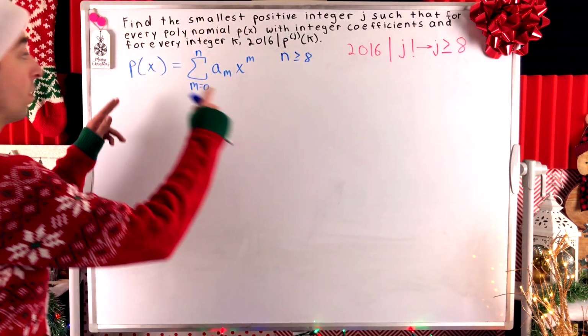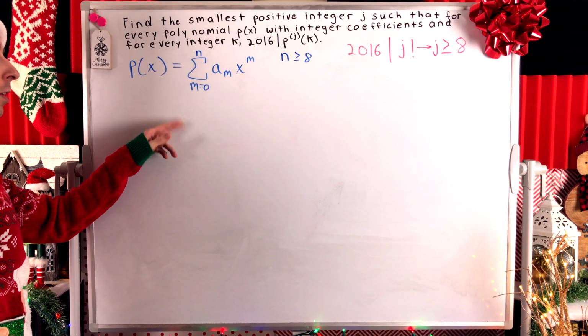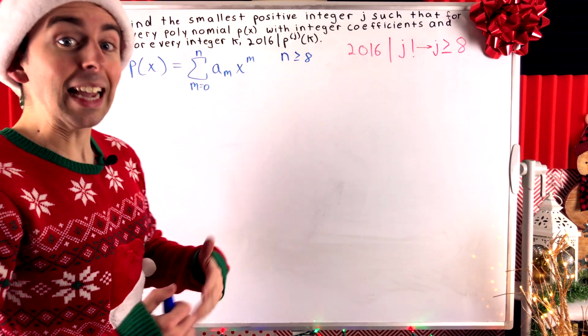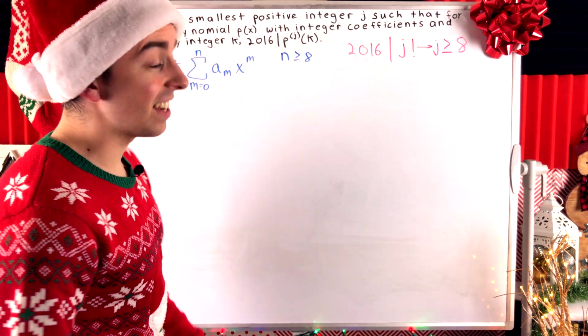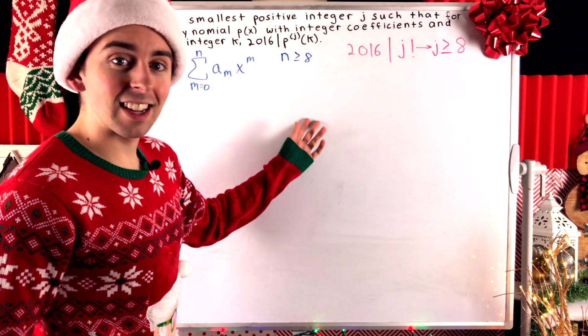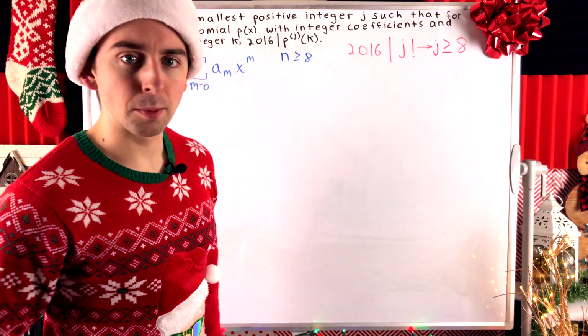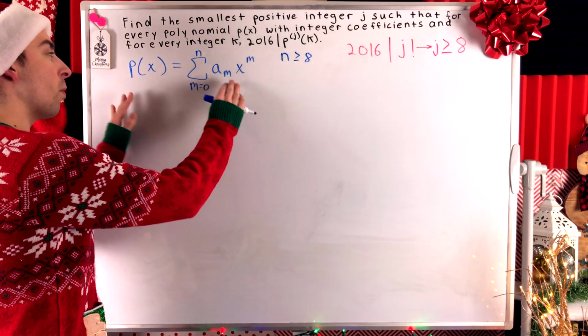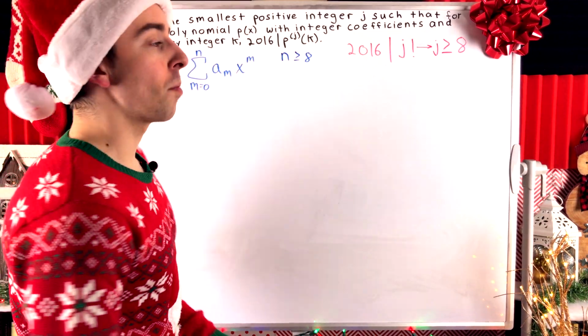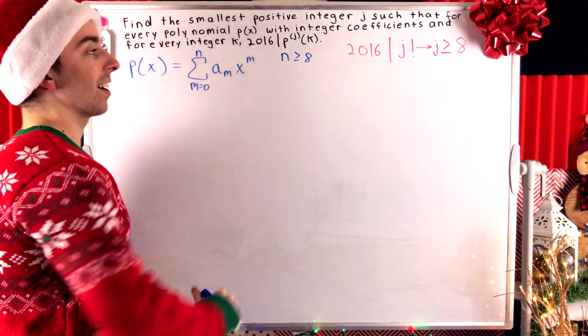We're trying to prove that the 8th derivative of this arbitrary polynomial is divisible by 2016. So if its degree is less than 8, we're already done. Its 8th derivative is equal to 0, so it's divisible by 2016. So all we have left to consider are polynomials whose degrees are at least 8.